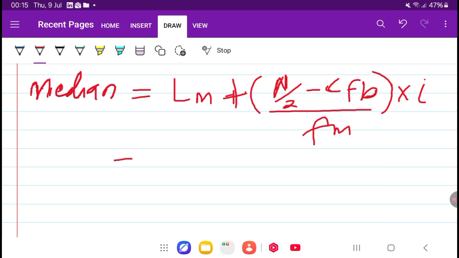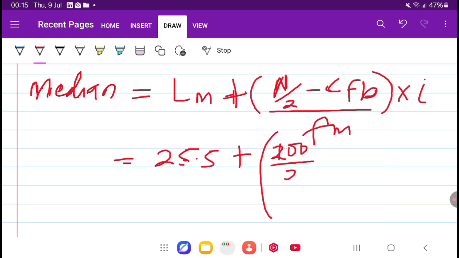So the lower class boundary, we had it as 25.5 plus, this is the lower class boundary of the median class. Then n over 2, n was 200 divided by 2, minus the cumulative frequency before the median class, which was 42.